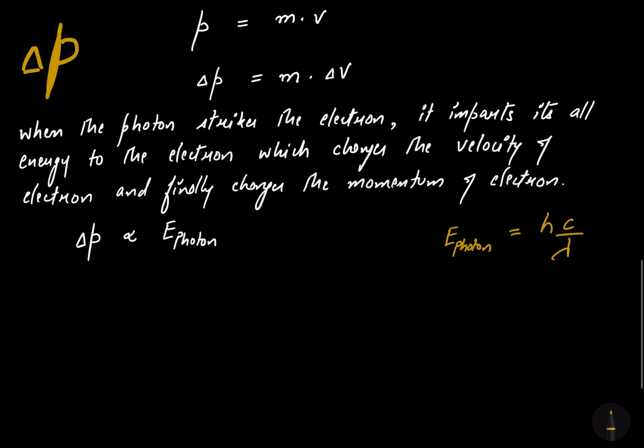That means the energy of photon is inversely proportional to the wavelength of the photon. So that signifies that the change in momentum of any subatomic particle will be inversely proportional to the wavelength of the photon which strikes that particle.